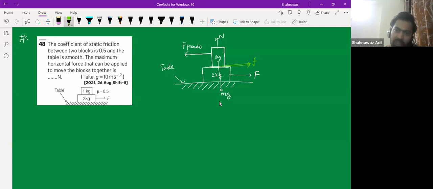Due to this friction, this block is moving. Is it clear?